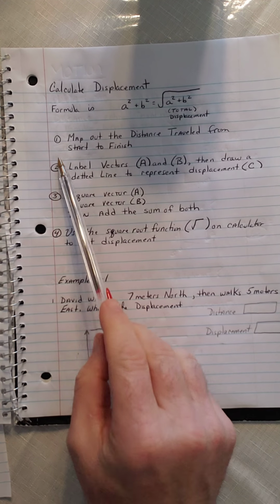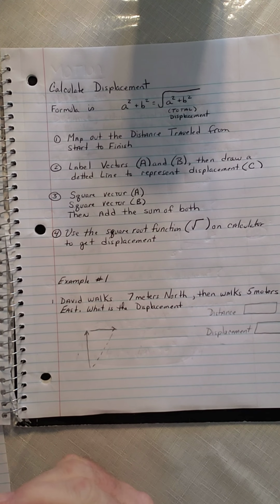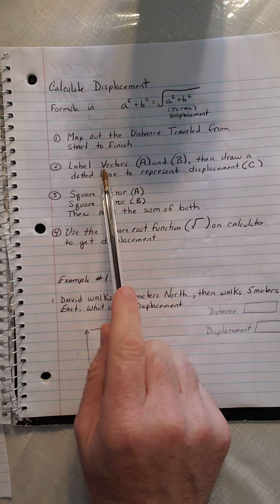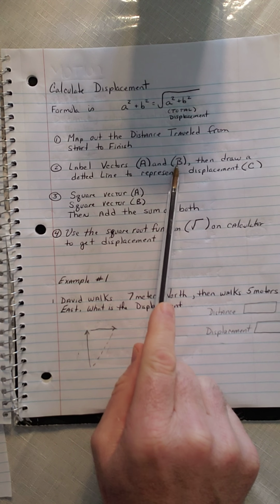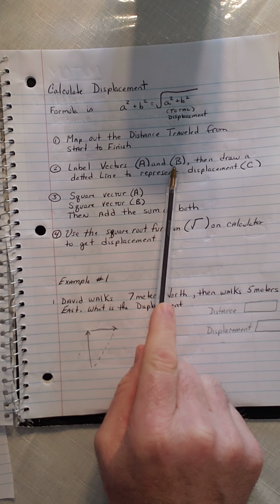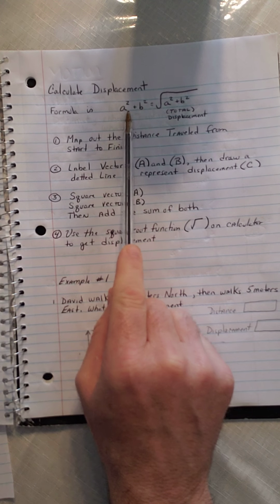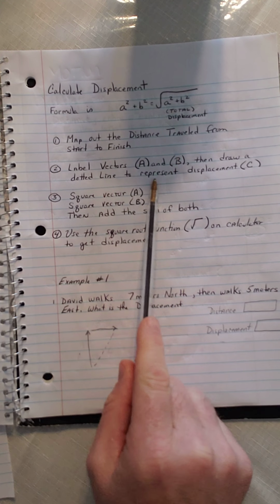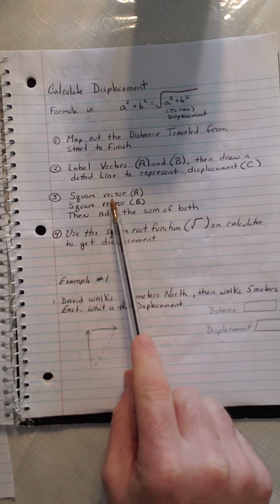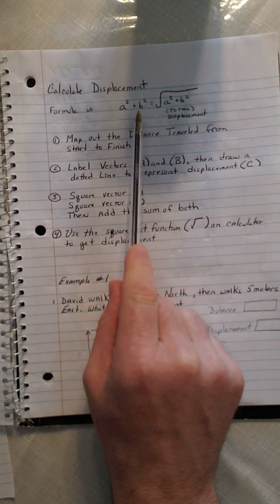So the first thing I'm going to do when I get a problem is map out the distance traveled from start to finish. Then I'm going to label my map with A and B. I want to know in my diagram which vector is A and which is B, because that's what we're going to need to calculate displacement. Then I'm going to square whatever A is and whatever B is.